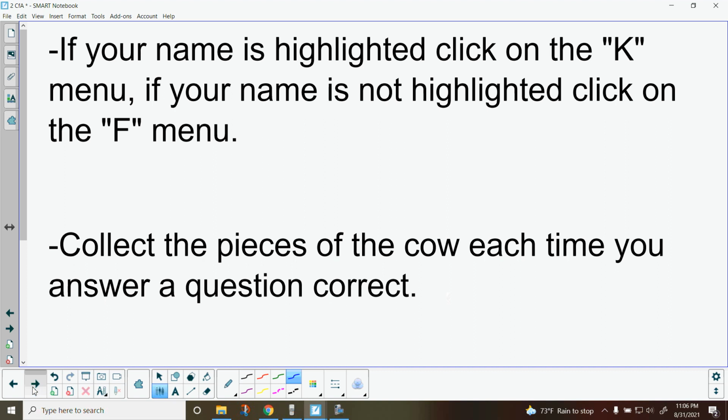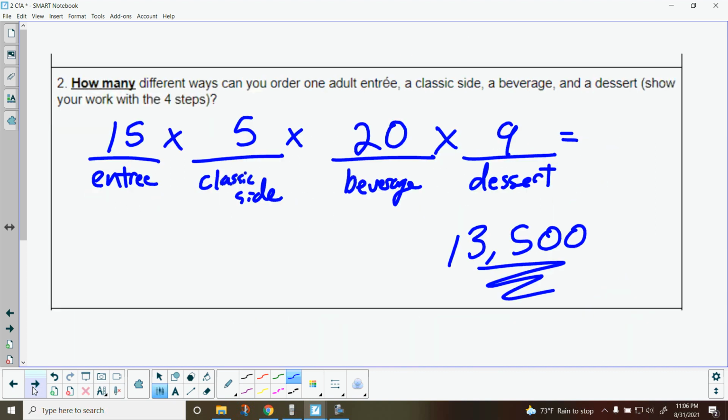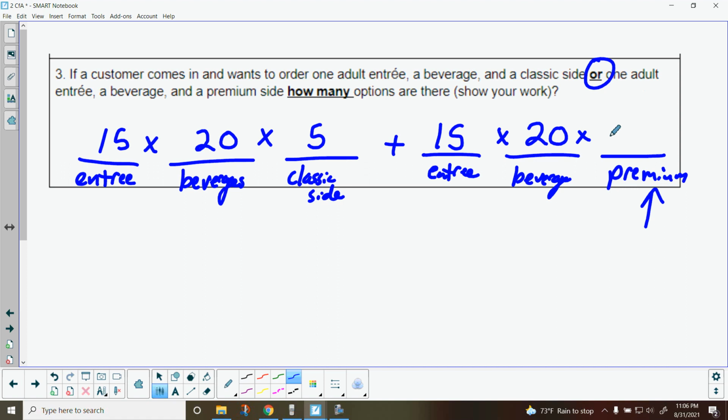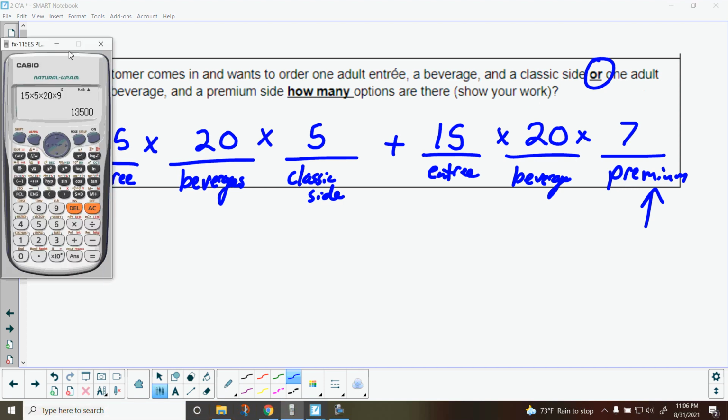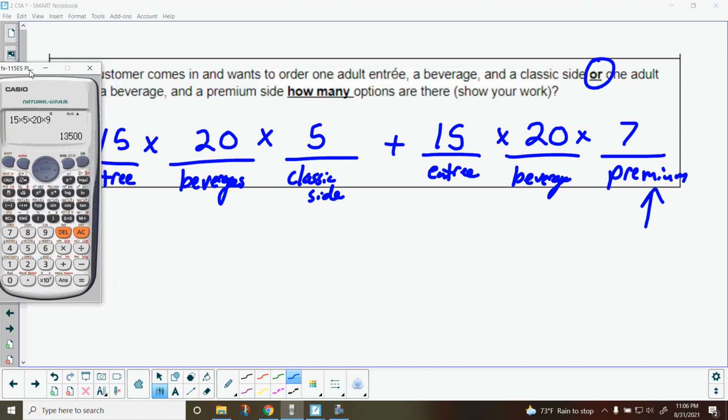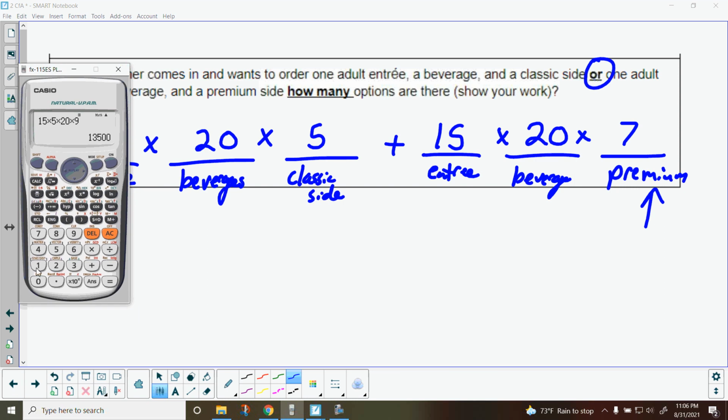Nope, that's not it. 7. Get your handy dandy calculator, which is so cool, much better than your cell phone, because now you can just plug all this in as you see it, because the calculator will follow the order of operations for you. Okay, it's all in there. Enter.